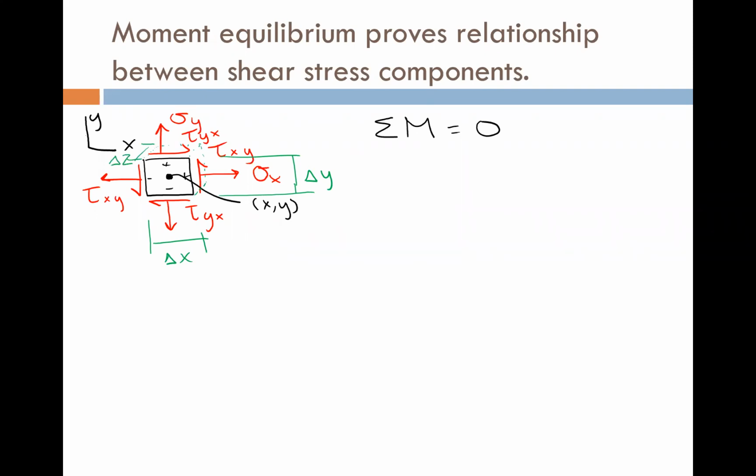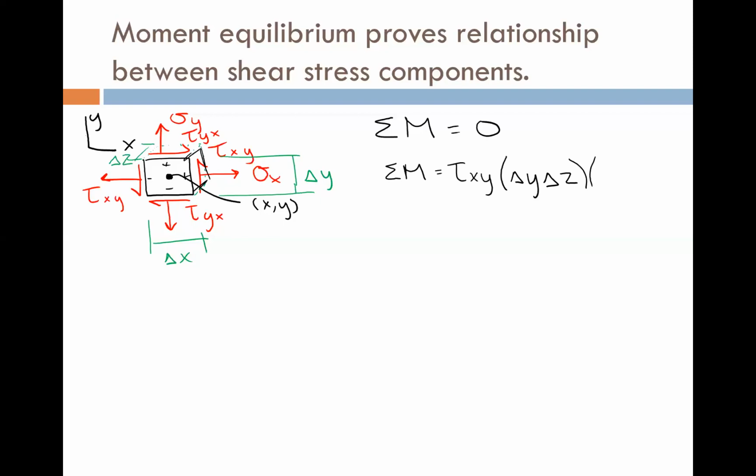All right, let's go ahead and do our math. So the sum of the moment is going to be equal to tau xy times the area that it acts on, right? Because if I'm calculating the sum of a moment, I need a force times a distance. In order to get a force, I take a stress times an area. So times delta y, delta z, that would be this face here.